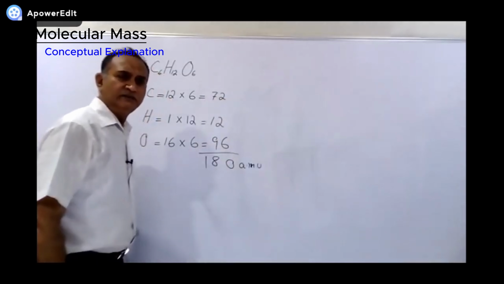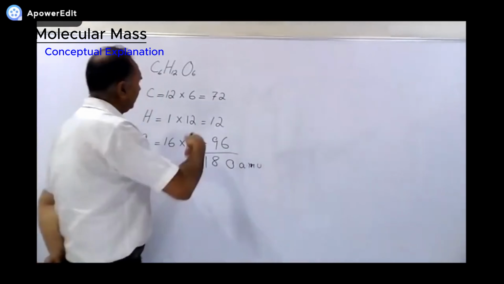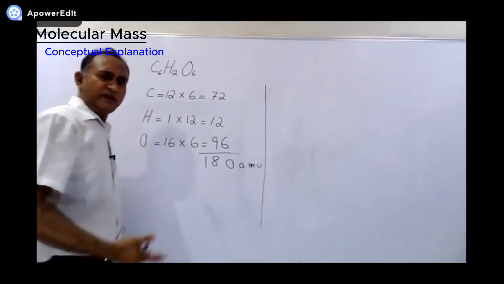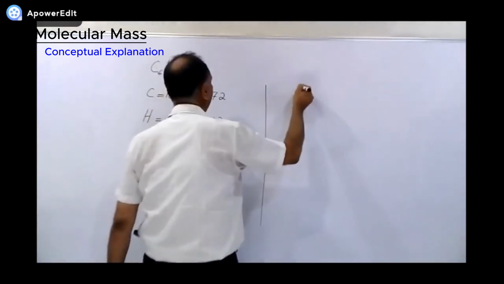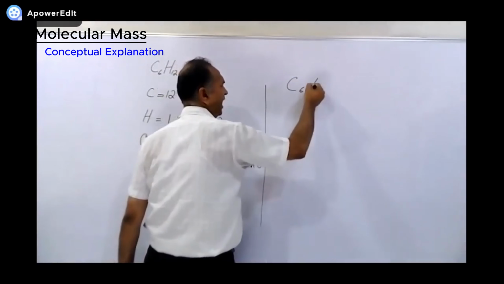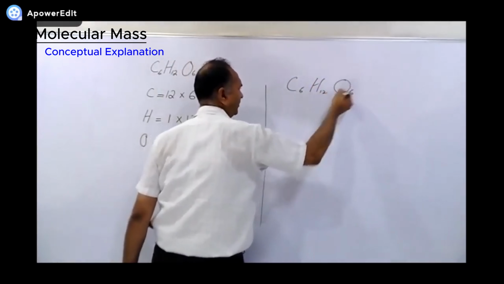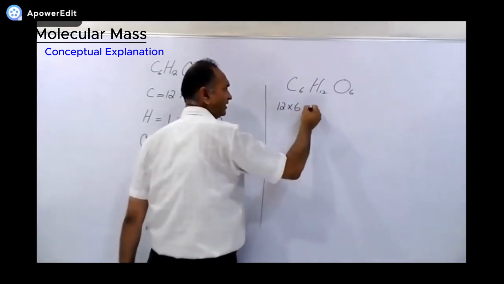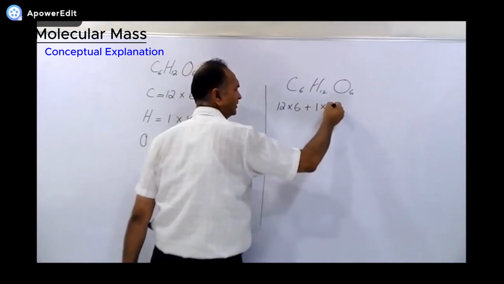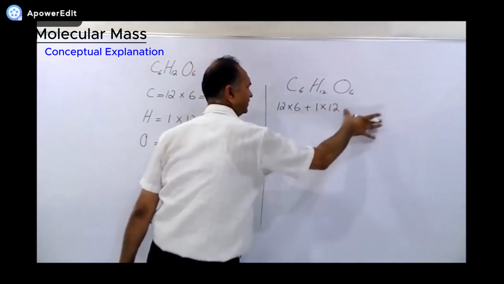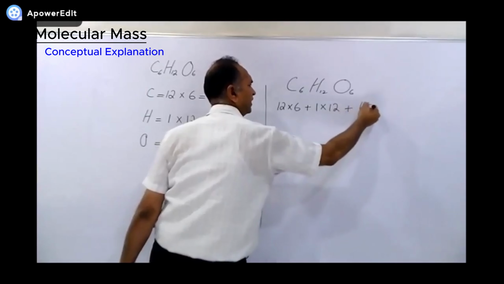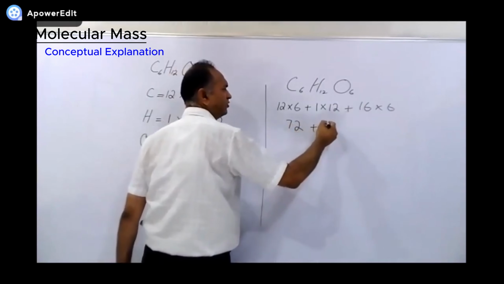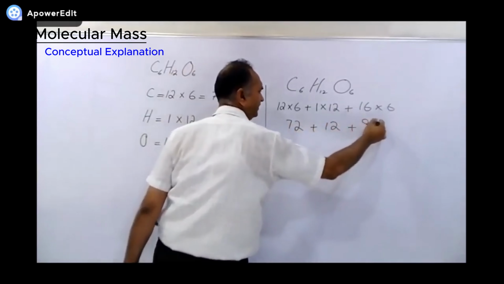All right? Okay, doing it quickly by the other horizontal method, just one time. C6H12O6: carbon 12 times 6, plus hydrogen 1 times 12, plus oxygen 16 times 6. 12 6s are 72, 1 12s are 12, and 96.